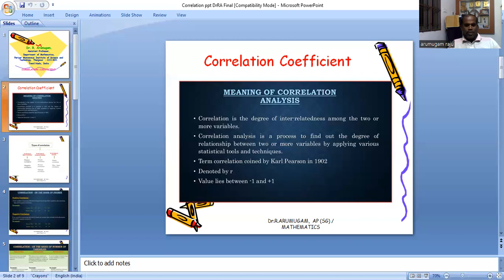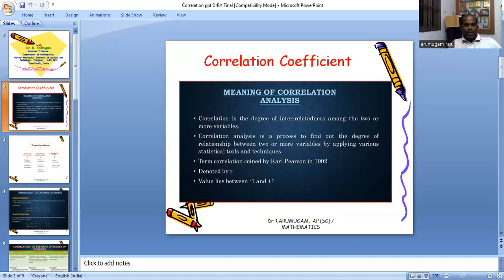Next we have the types of correlation. The first type is positive correlation, the next is negative correlation, classified on the basis of the degree of the correlation.